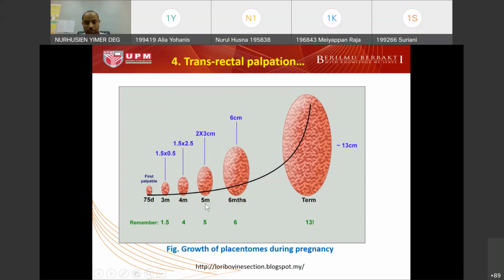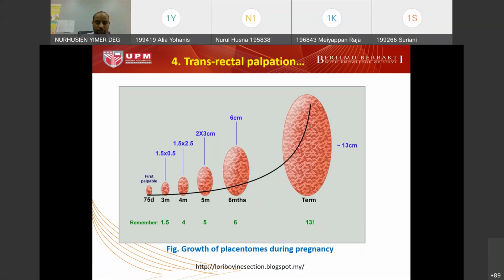And then when it becomes 5 months, we have 3 by 2 or 2 by 3. And then by 6 months, we have about 6 cm, the height. This is the height of the placentome. And near term, you will expect a maximum of around 13 centimeters height of these placentomes. So this is for rough estimation.